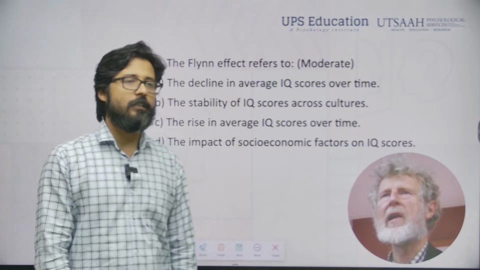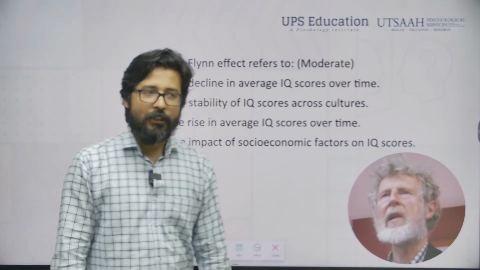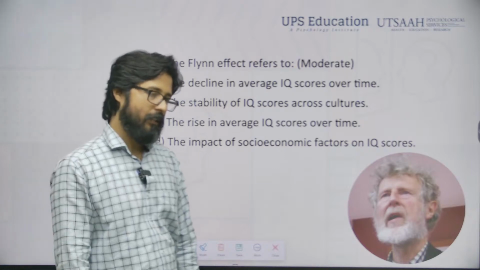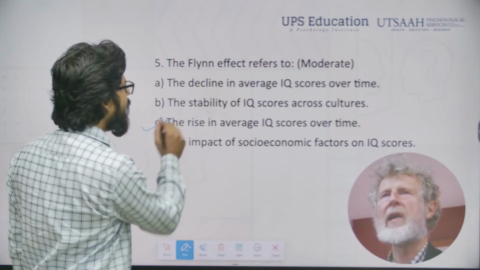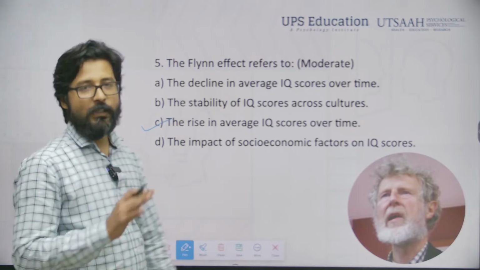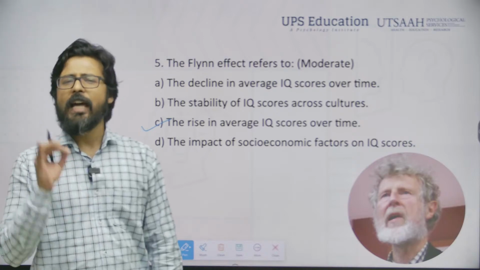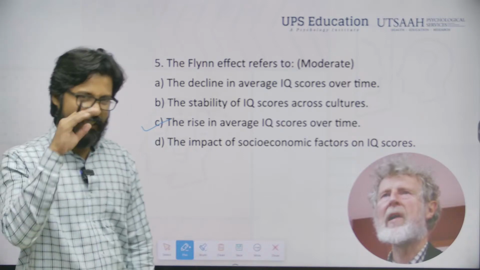Flynn was a psychologist from New Zealand, and he made great contributions in so many areas of education, including psychology. First of all, the correct answer will be C, the rise in average IQ scores over time. The Flynn effect is the observed increase in average IQ over generations, and there are so many things we can discuss sometime.